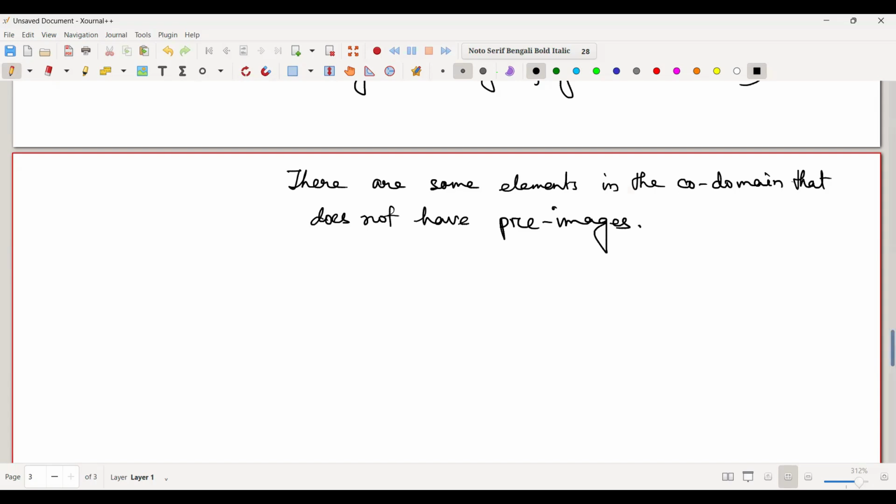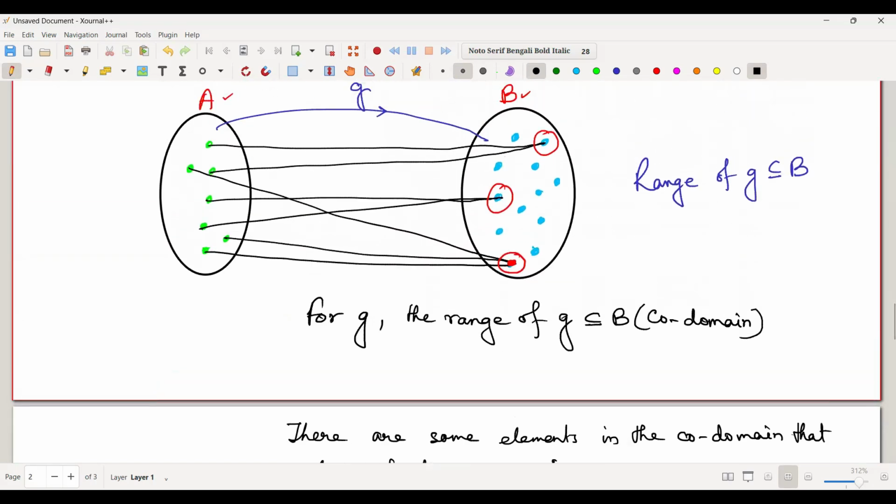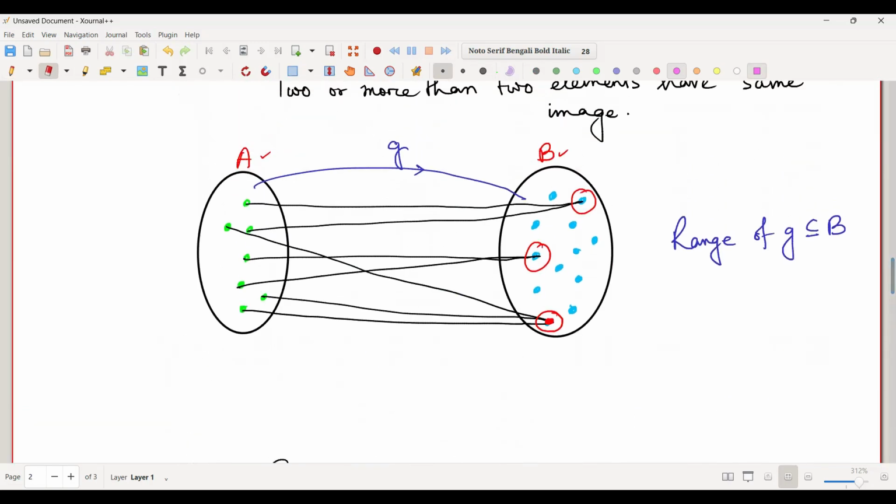You can easily see that this element, this element, this element, there are so many elements, all these elements have no pre-images. This is why the range of G is a subset of B. Okay, so we can write it as a proper subset.